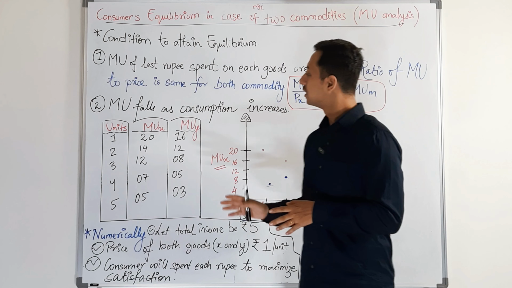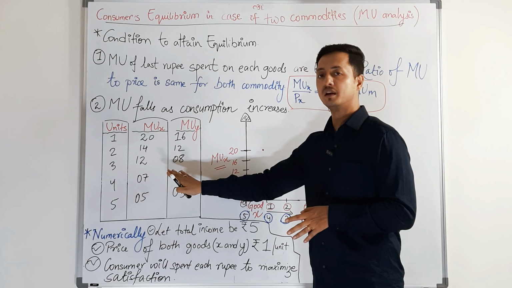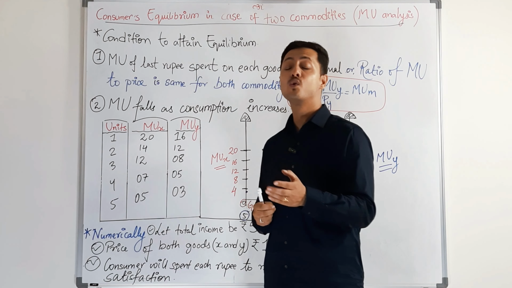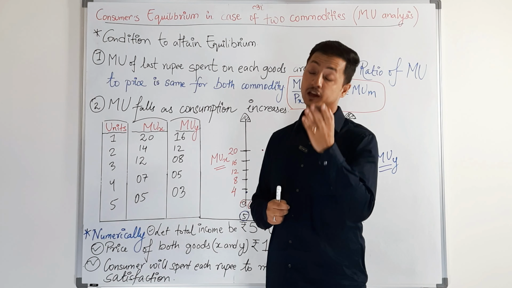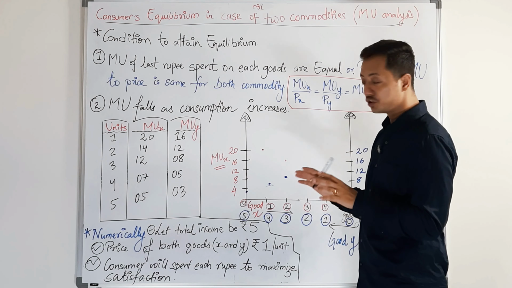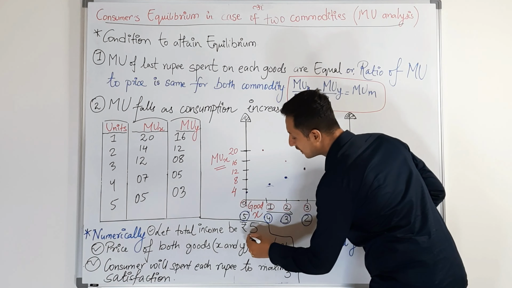Alright, now we have already discussed the table. Now let us see numerically how we can attain equilibrium. Numerically, let us assume that the total income is rupees 5.